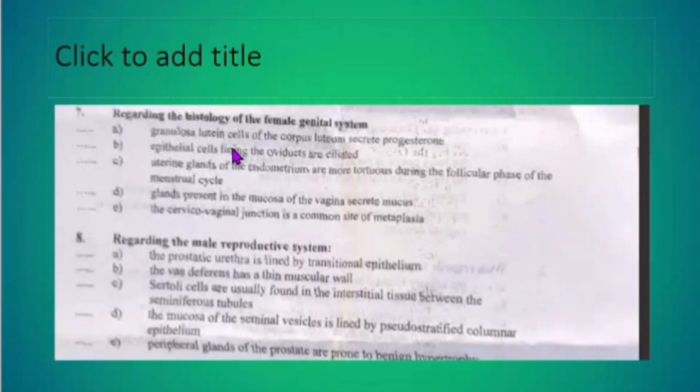Remember, it passes through the external sphincter, and it's lined by stratified columnar and pseudostratified epithelia. And then the spongy urethra, the longer portion, is lined again by stratified columnar and pseudostratified columnar epithelia. As you go more distally, you've got stratified squamous epithelia.